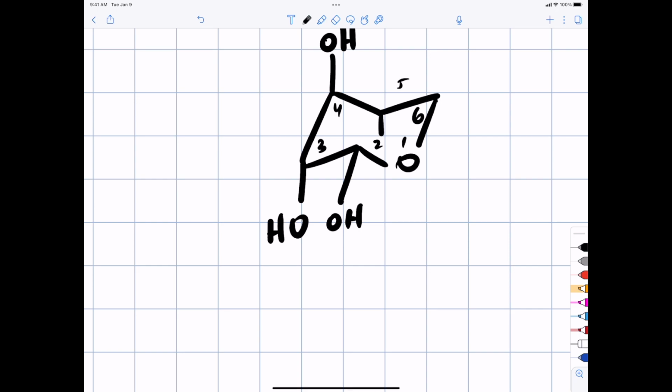So we're going to draw the line straight down, and in some cases we have to just sort of imagine because it's difficult to draw a 3D model.